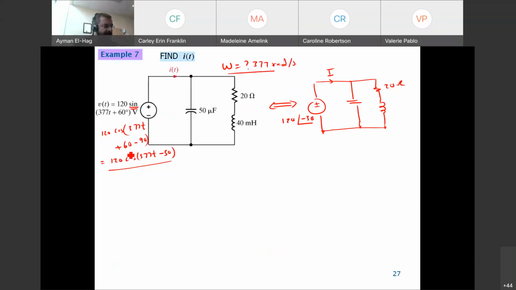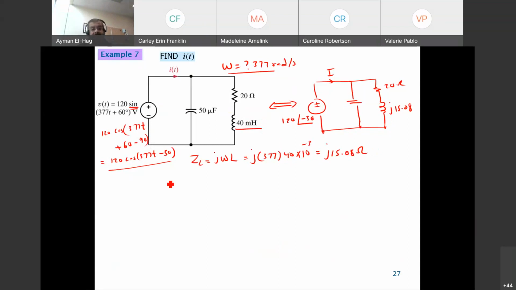Now I have to convert the inductor and the capacitor. So I want to find ZL, which is equal to j omega L, which is equal to j, 377 times L, 40. But remember, this is in millihenry, and this has to be henry, so I multiply by 10 to minus 3. This will give me j15.08 ohm.